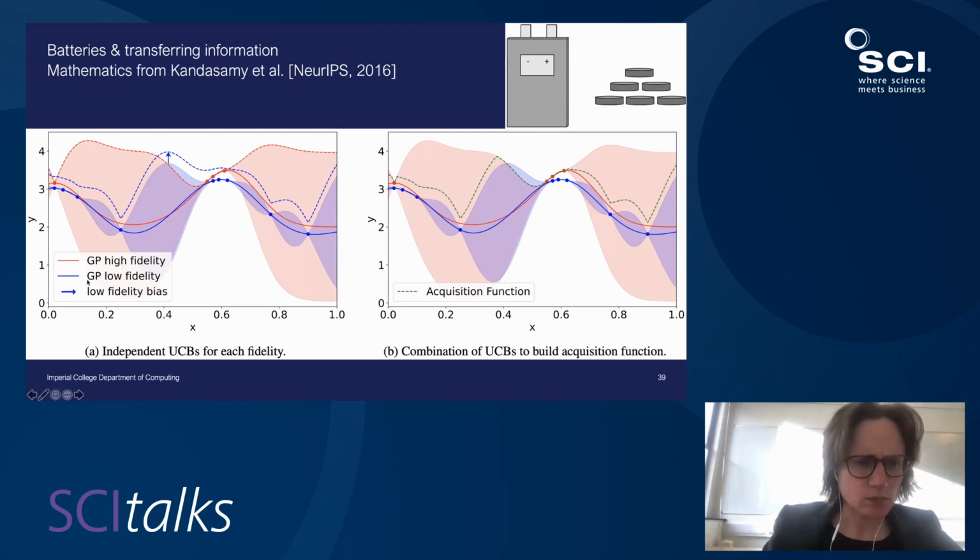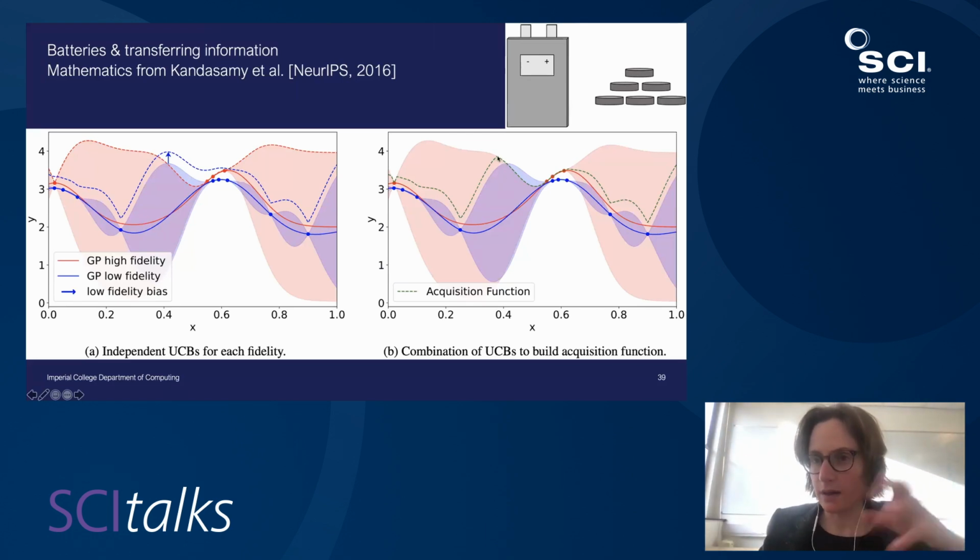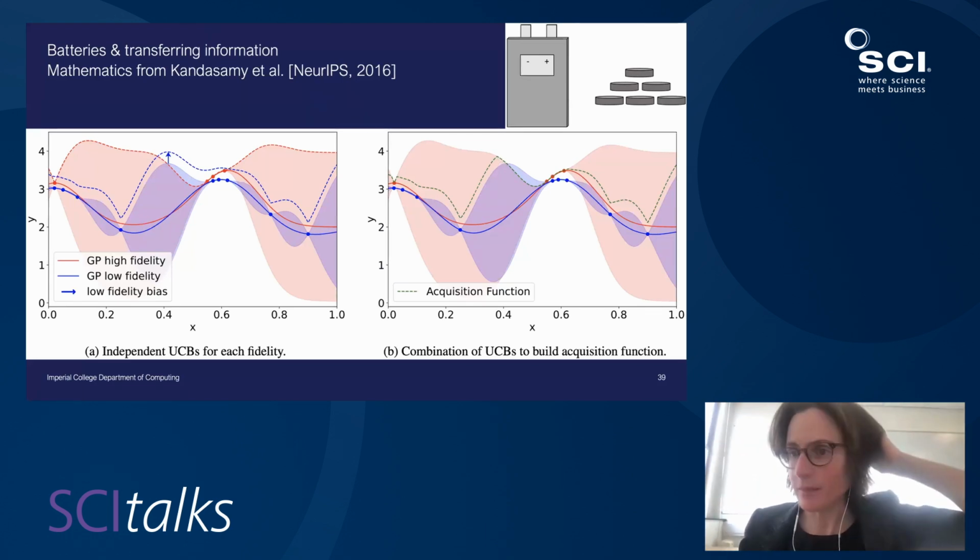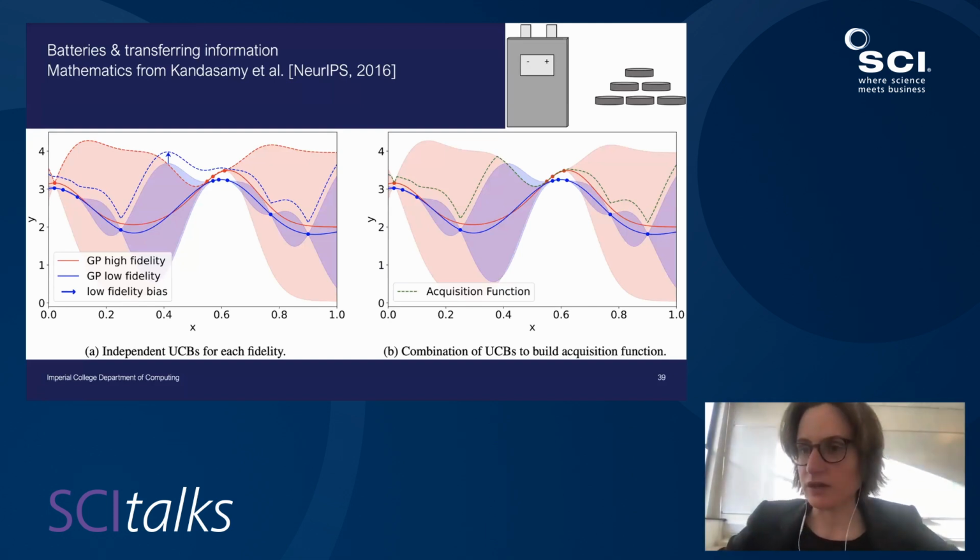And in blue, I can construct my data-driven model for my low fidelity example. And then I can somehow combine my belief about these two systems in that acquisition function, where it figures out where to sample next, it can somehow combine my two pieces of knowledge. So this was the prior work before we were working with BASF.